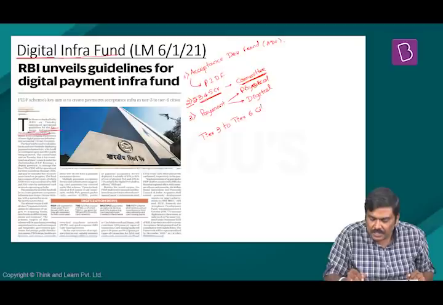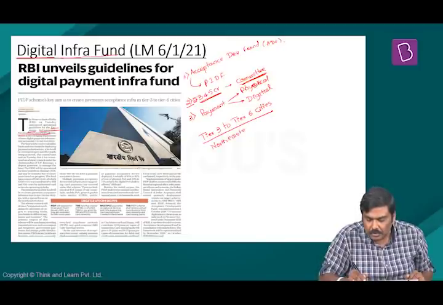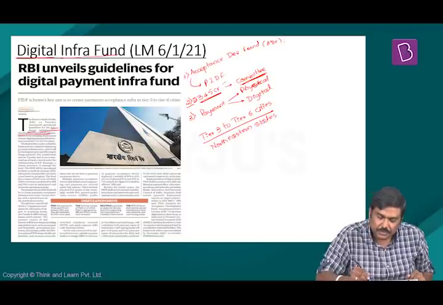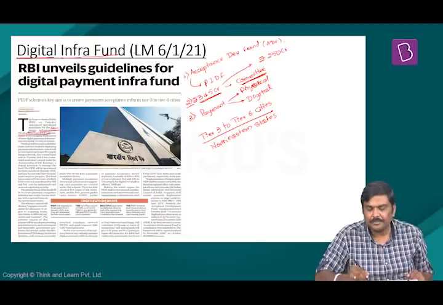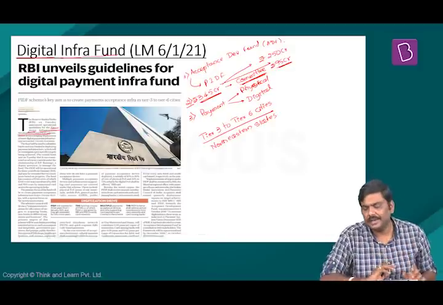Not only this, a special focus will be laid on developing such infrastructure in northeastern states also. Out of this 345 crores, 250 crores has been contributed by RBI, and the remaining 95 crores has come from all the other payments intermediaries who are operating in India.